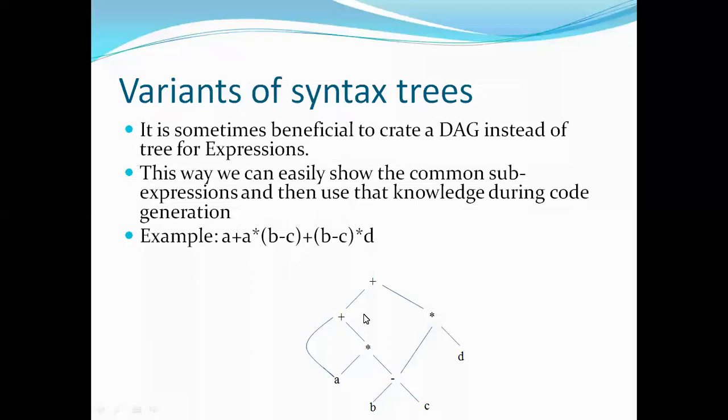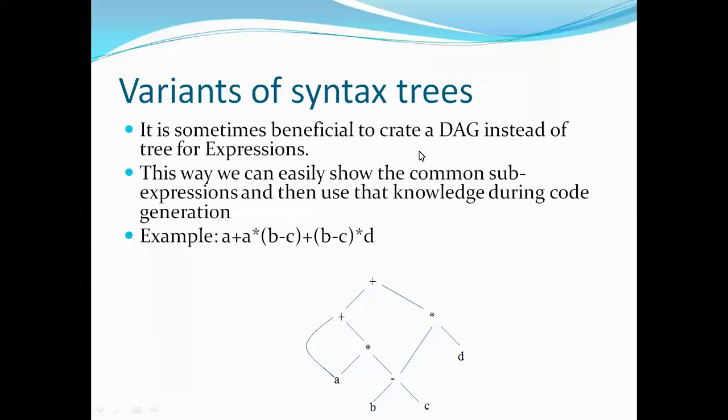What does it mean here? A plus a into, this is a plus, right? Here I am forming the loop. A plus a into b minus c, right? B minus c. Again, here we are having another loop with b minus c to plus. What it means is, here half of the expression is constructed.